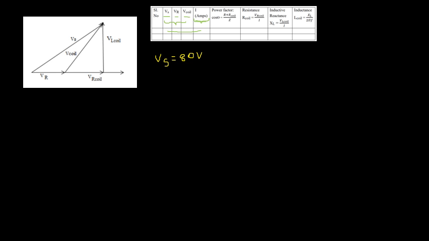This is Vs, and Vr reading is obtained as equal to 14 volts, and last it is V coil, that is the voltage which is appearing across the choke coil, will be obtained as equal to say 75 volts.